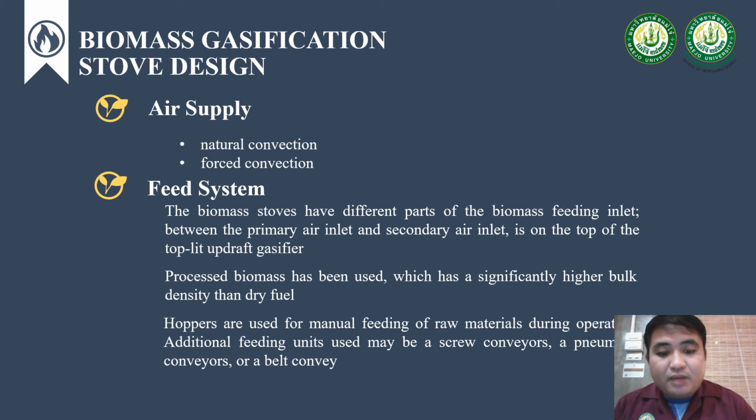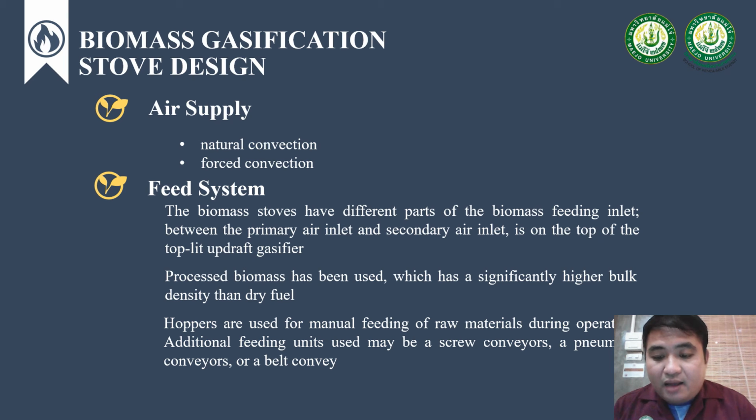On the feed system, the biomass stove has different positions of the biomass feeding inlet, between the primary air inlet and secondary air inlet, or on the top of the gasifier. Biomass has significantly higher bulk density than dry fuel, because biomass with high density gets high thermal efficiency of combustion.